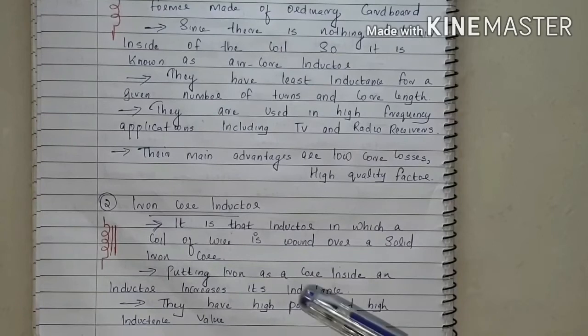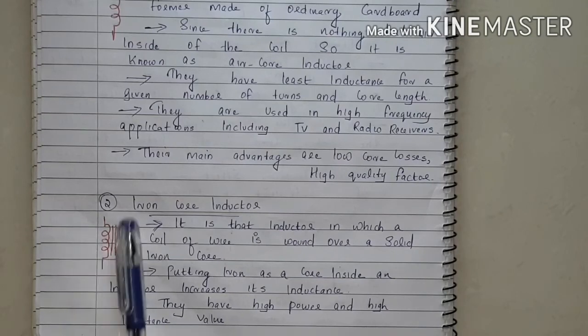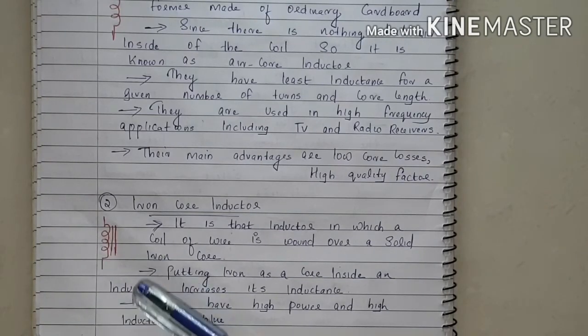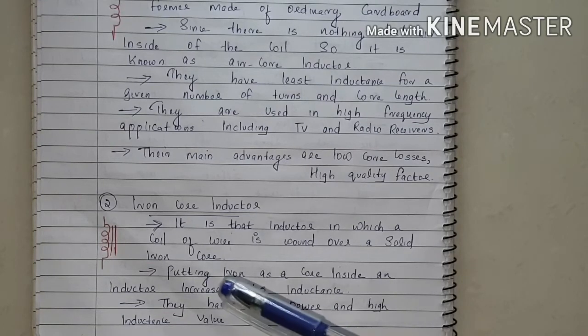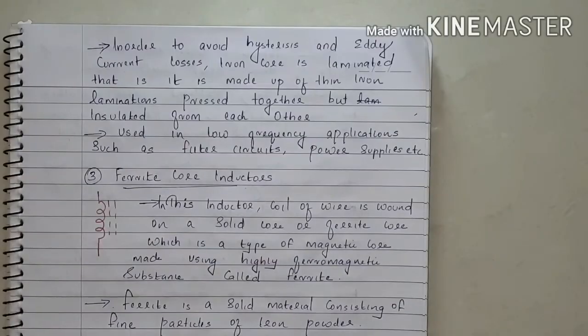The second type of inductor is the iron core inductor. This is the symbol for an iron core inductor. In an iron core inductor, the coil of wire is wound over an iron core. That is, the core is a metal, iron, and onto that metal the coil is wound. Putting iron as a core inside an inductor increases its inductance value. They have high power as well as high inductance value.